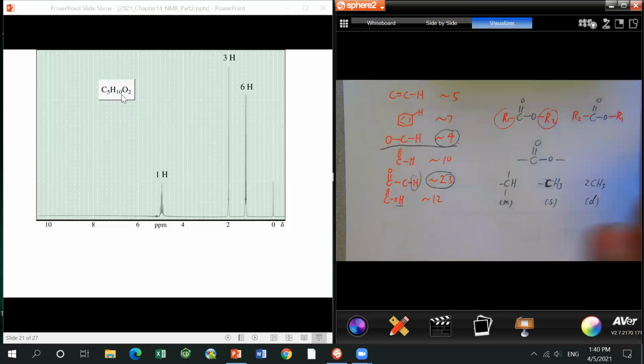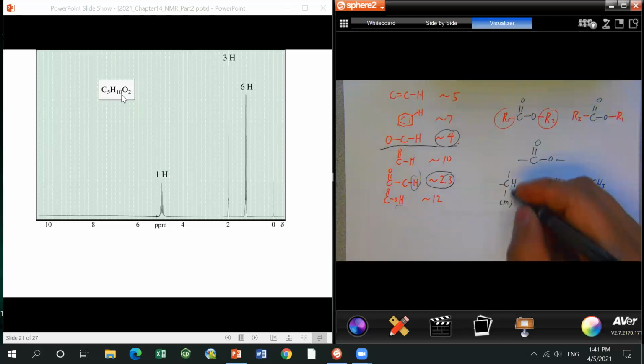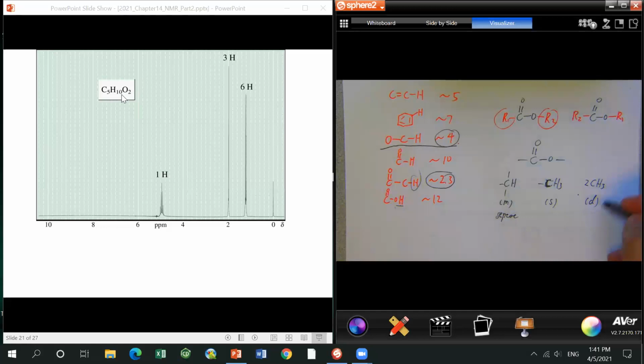Now how do we combine them together? The important thing is called the split pattern. You see this is a doublet, so that means this CH2 has one CH as its neighboring hydrogen, because a doublet follows the n plus one rule. We also learned the split pattern here: this one is a septet, and the six protons are a doublet. That is a typical isopropyl.